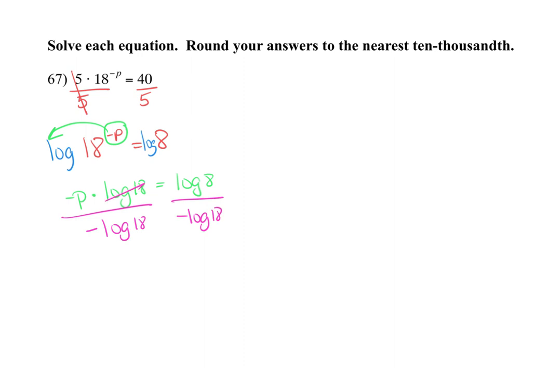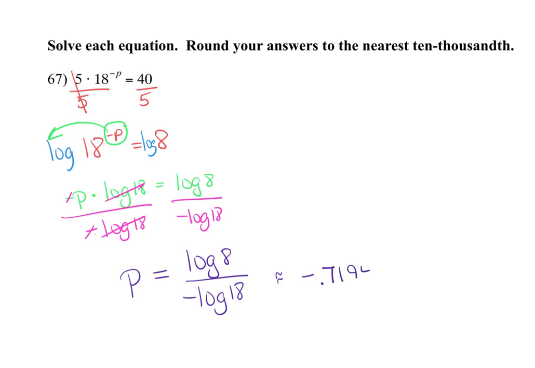And that gets rid of my log 18 and that negative in front of my p. So now I have p solved for. In your calculator, you can say log of 8 divided by negative log of 18. This also says round to the nearest 10,000th. That is 4 decimal places. So you're going to get approximately negative 0.7194.